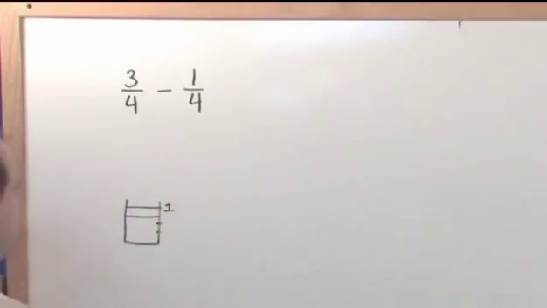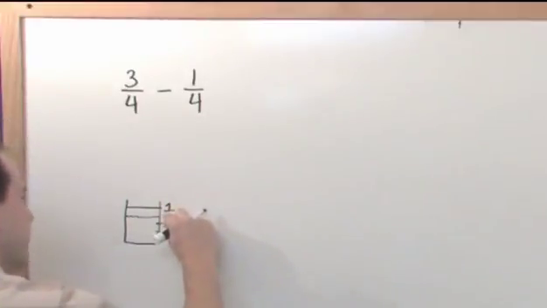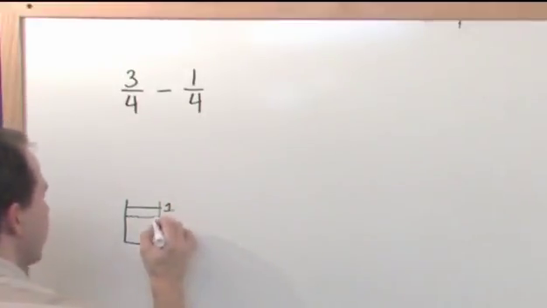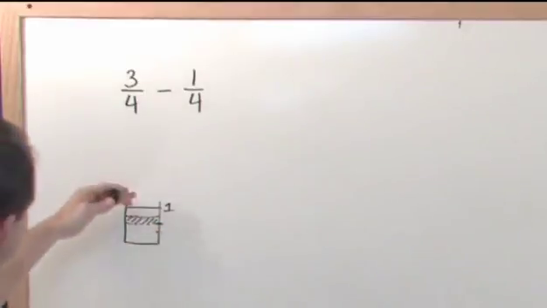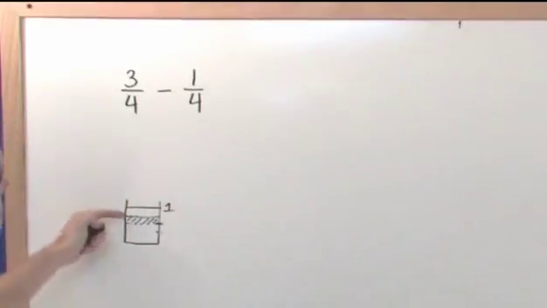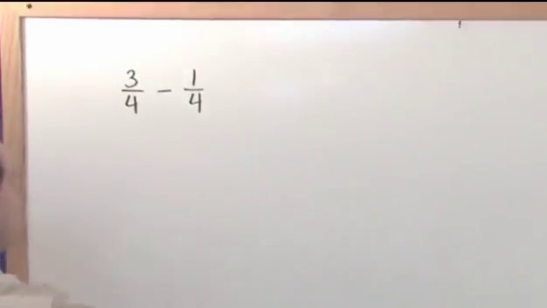So 3/4 of a cup will be here, and then when you pour out some water, this is about 1/4 of a cup. So we're going to be getting rid of about this much water onto the ground. So the water level is going to come down by this much, and the question is how much is left in the cup when we actually pour it out.